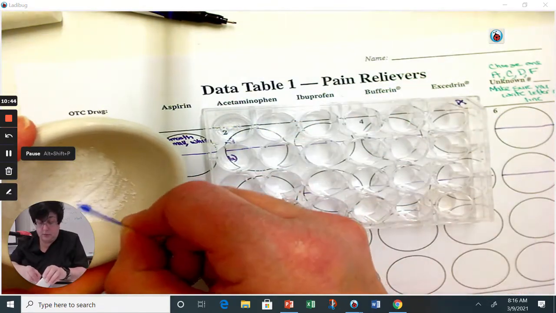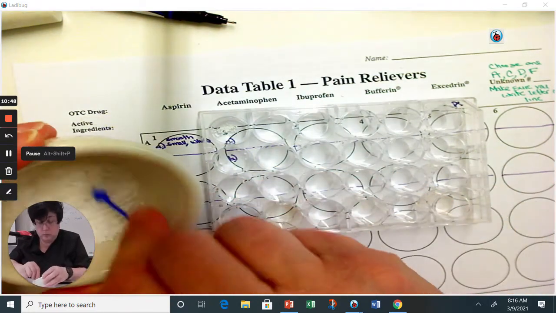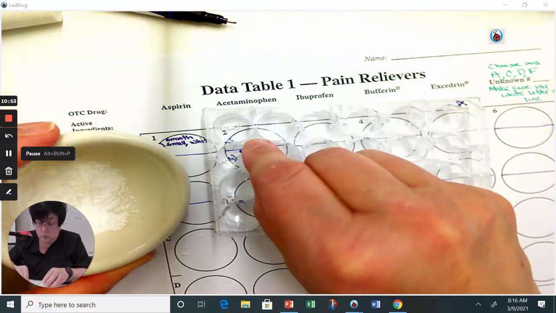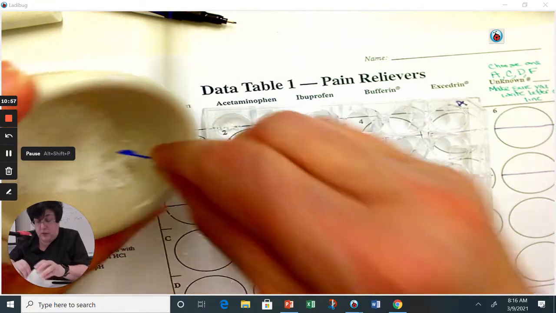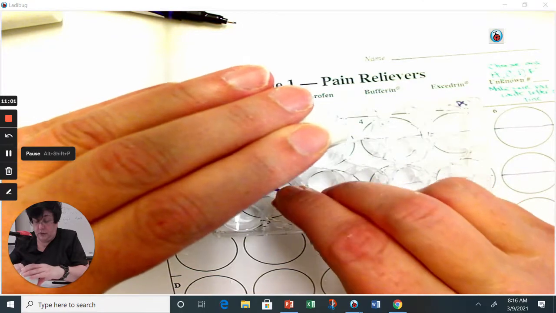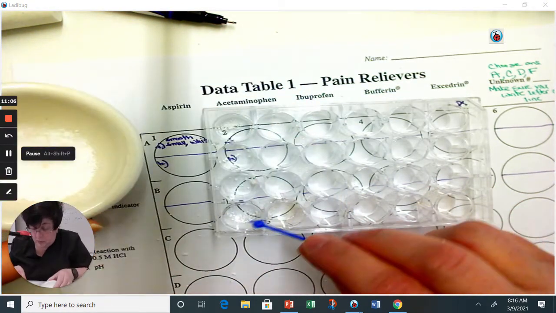It's not too bad. And I'm going to go down, and I'm just going to fill them, and it'll give me an extra well. I just don't like to work on this, so I'm going to do it this way. I only need a few grains in each well, not very many. Okay, so there's aspirin done.